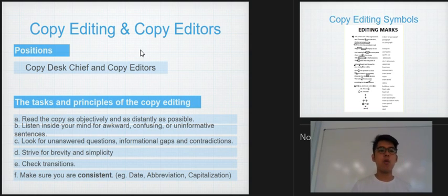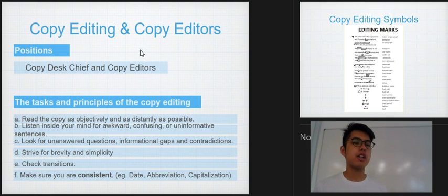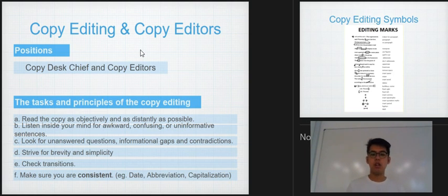The last point that I want to emphasize is to make sure you are consistent. For example, some formats need to be the same all around the news story, no matter whether it's in the beginning or the end. I give three examples. First is the date. The spelling and use of dates should be the same.